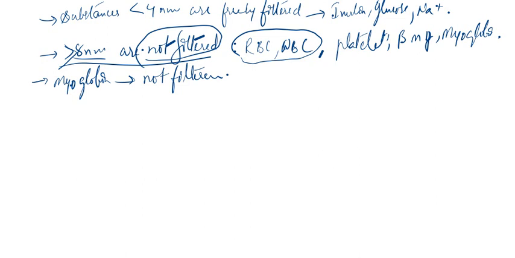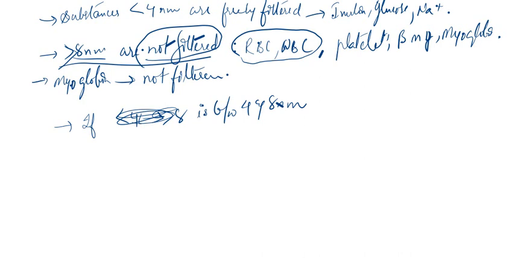We discussed less than 4 and more than 8, but we did not discuss in between 4 and 8. For example, if the size is between 4 and 8 nanometers, will the substance be filtered or not?